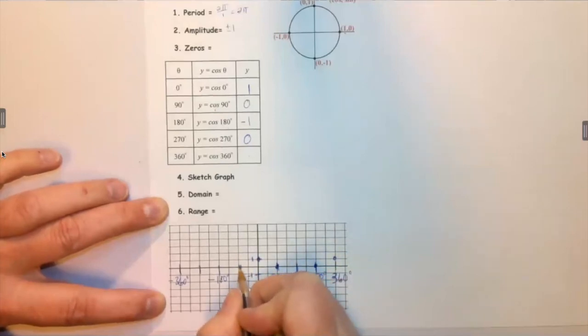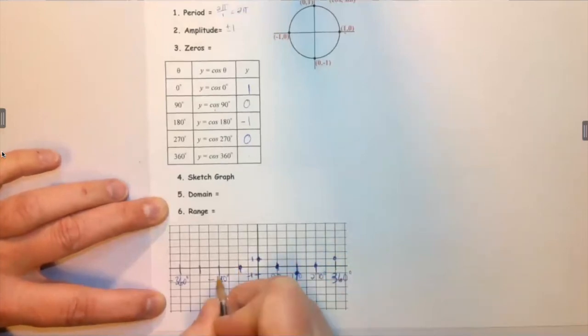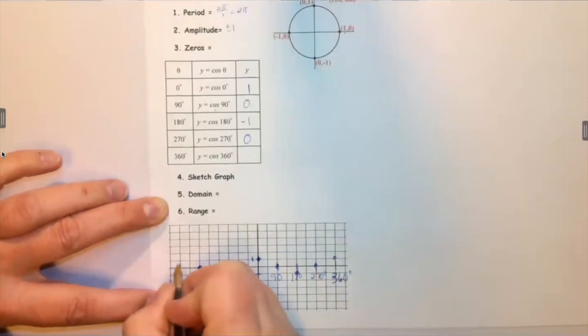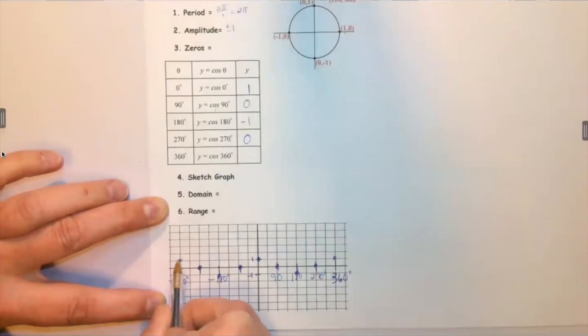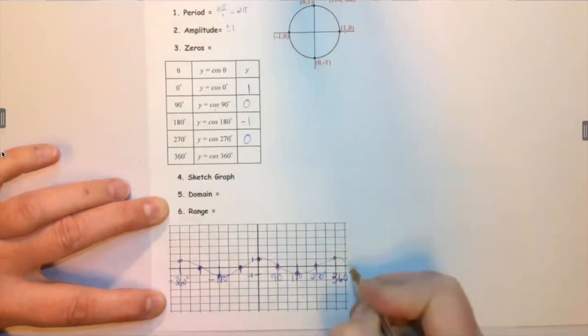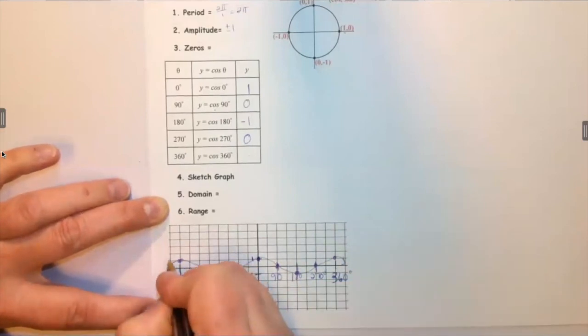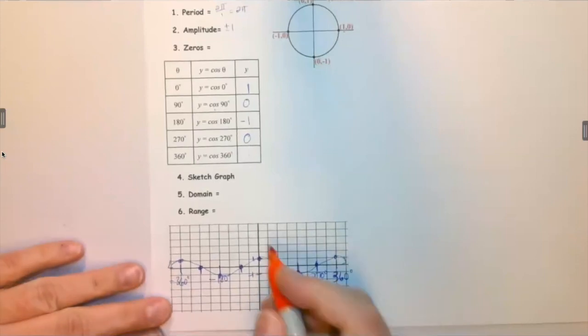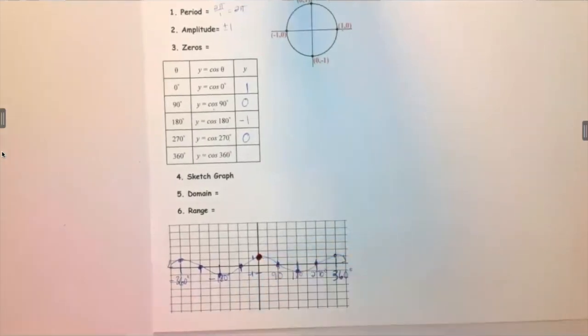The next one would be on. The next one would be below. The next one would be on, and then above. So we are above, on, below, on, above, on, below, on, above, and going to below. And so again, it's important to know that at 0, cosine will always be on the axis.